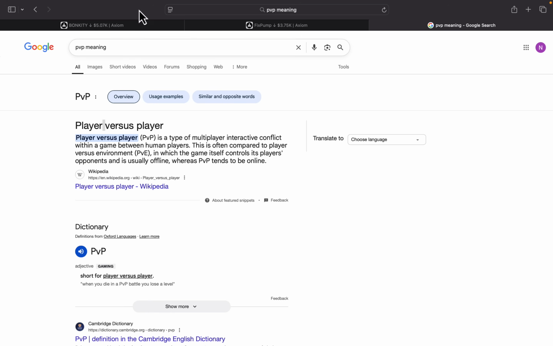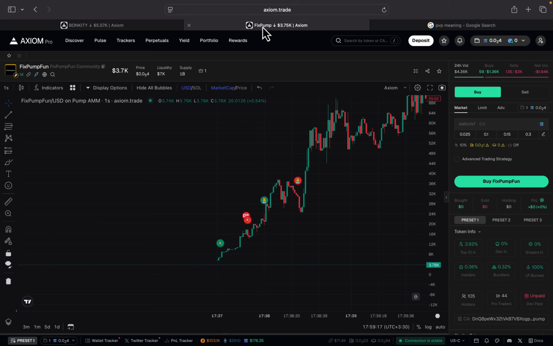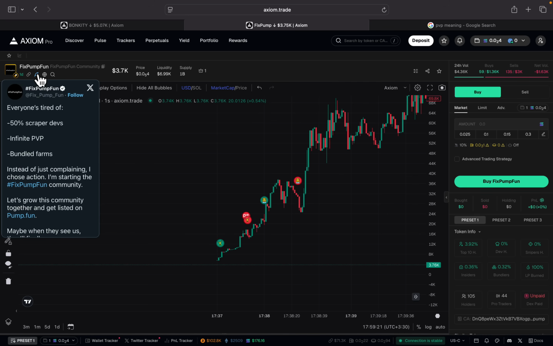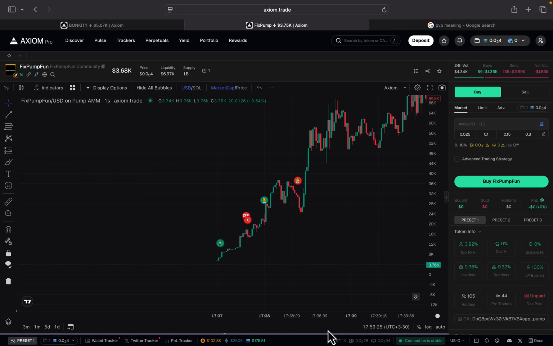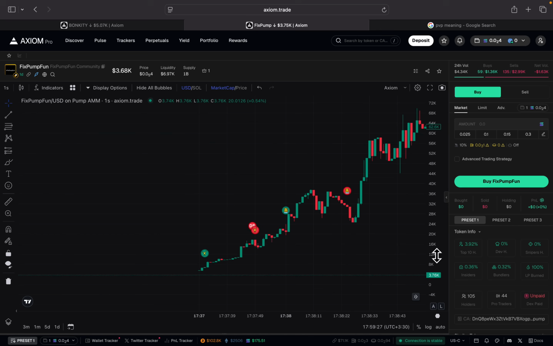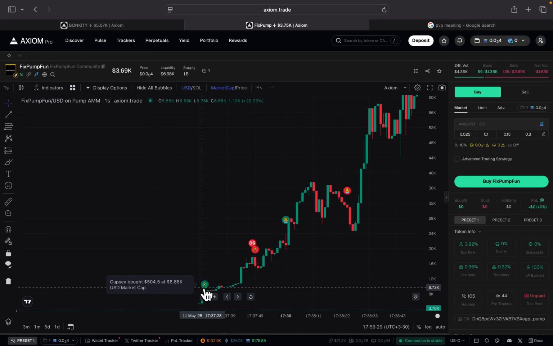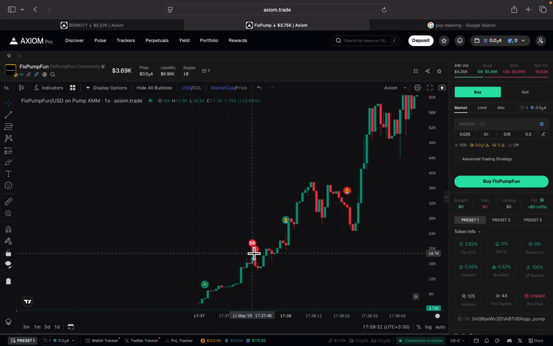If I want to give you a good example for PvP, I can show you this. This token, even the tweet was based on PvP, which was quite interesting. You can see Copsy bought this token quite early. Token had a nice pump. Dev sold his bag, Copsy sold, and token reached $14,000 market cap.